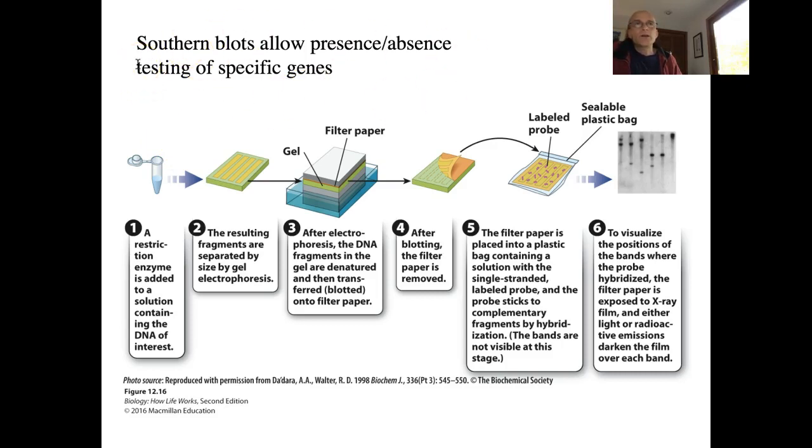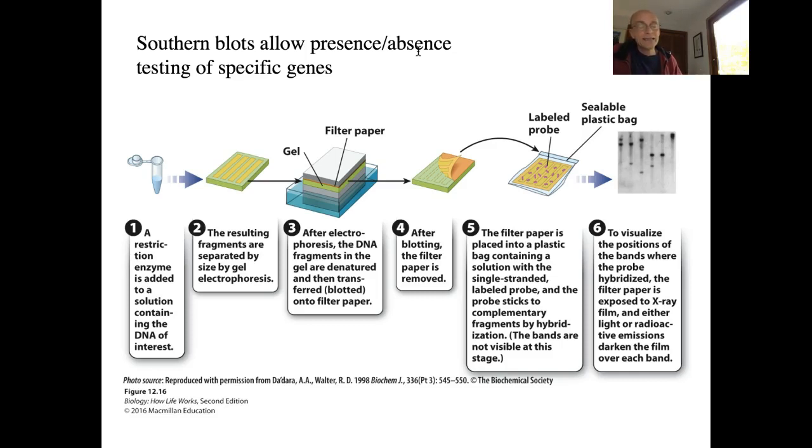Why do you do Southern blotting? You use it to determine the presence or absence of a specific gene. The reason is because you are using a complementary piece of DNA to a piece that you're looking for in a preparation of DNA. And you're basically making those two pieces bind. The one that you start with is called a probe because you're probing that unknown solution of DNA.